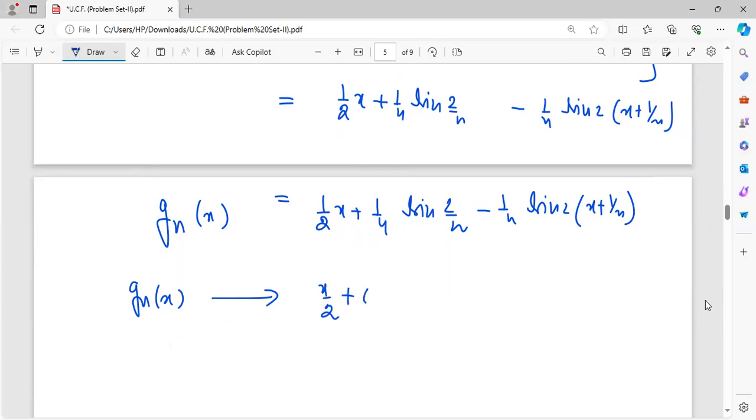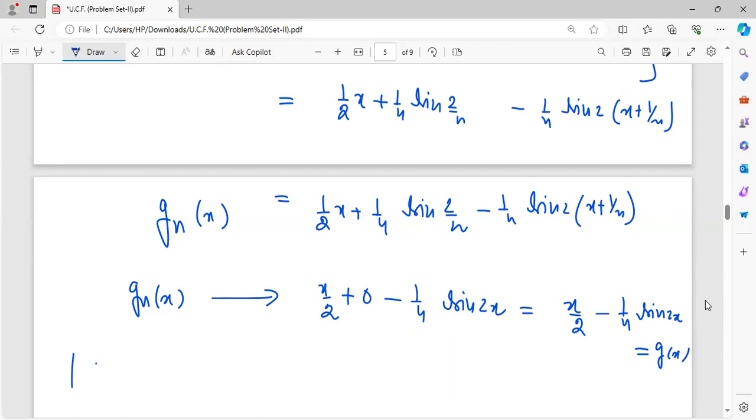When n tends to infinity, the 1 upon 4 sine 2 upon n term will become 0 and the last term becomes 1 by 4 sine 2x. So the pointwise limit is x by 2 minus 1 by 4 sine 2x. This is g(x).